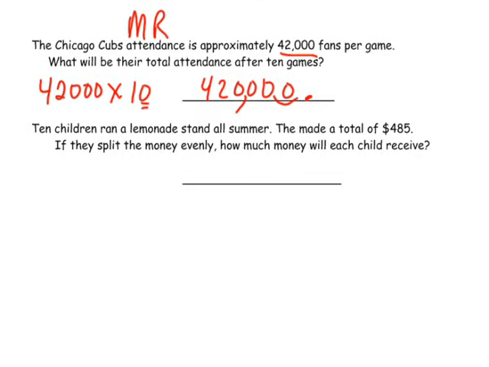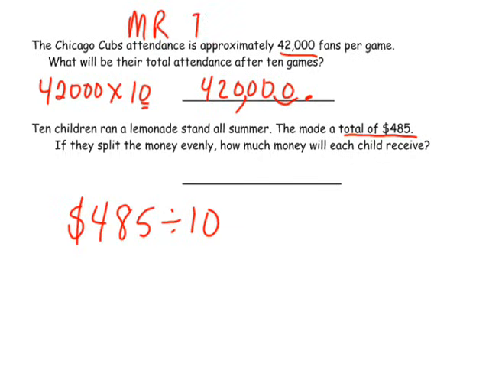Let's look at the next example. 10 children ran a lemonade stand all summer, and they made a total of $485. If they decide to split the money evenly, how much money will each child receive? So they're taking the $485 and they're splitting it 10 ways. You're dividing by a power of 10.